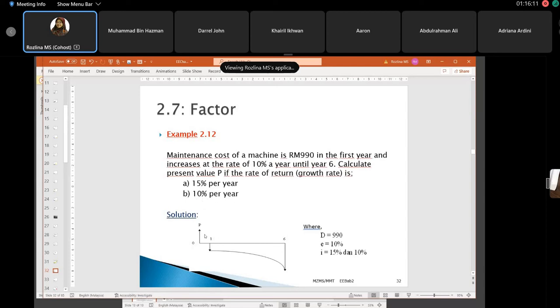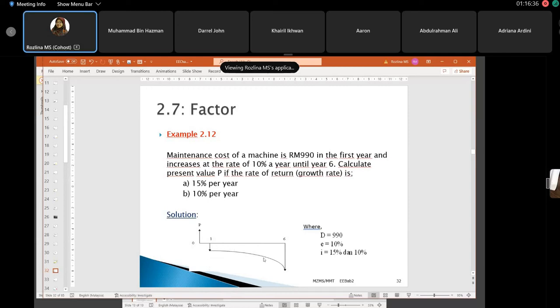Okay. So you have to draw the cash flow diagram first, as what you can see here. What is the P value, and then you have the E value from 1 until 6. The start is 1.